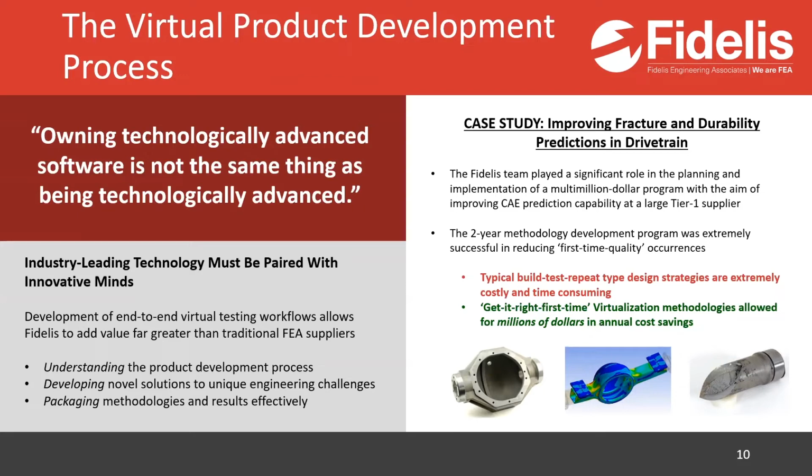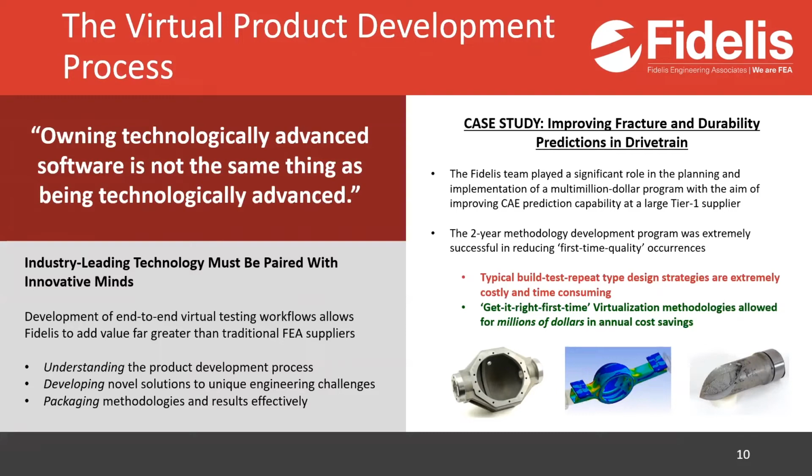The rest of this presentation will be based loosely on a case study that Bill and I worked on over the last 2 or 3 years, and that was with a predominant tier 1 supplier of axles in the Detroit area, and we were tasked with developing CAE prediction methodologies for between 30 and 50 physical tests.